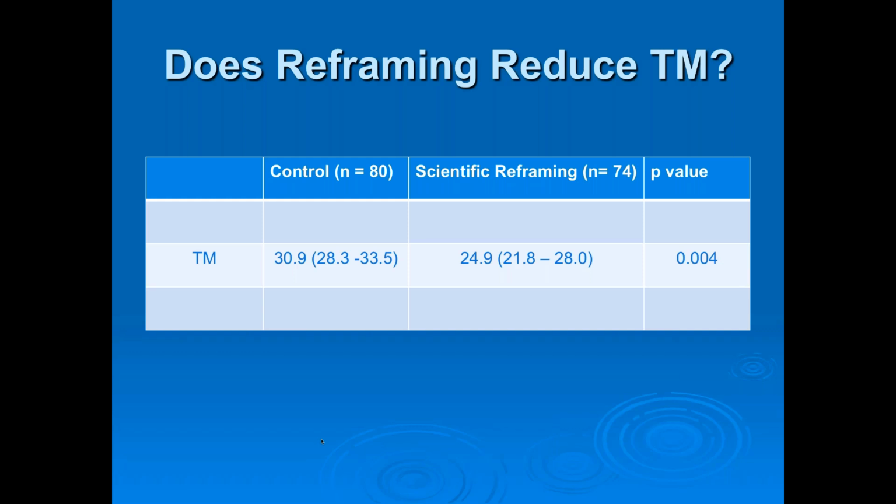On our scale, the control group had a score of about 31, and the experimental group had a score of about 25. That's a very significant difference. In a sample of 144, that's a pretty decent outcome.